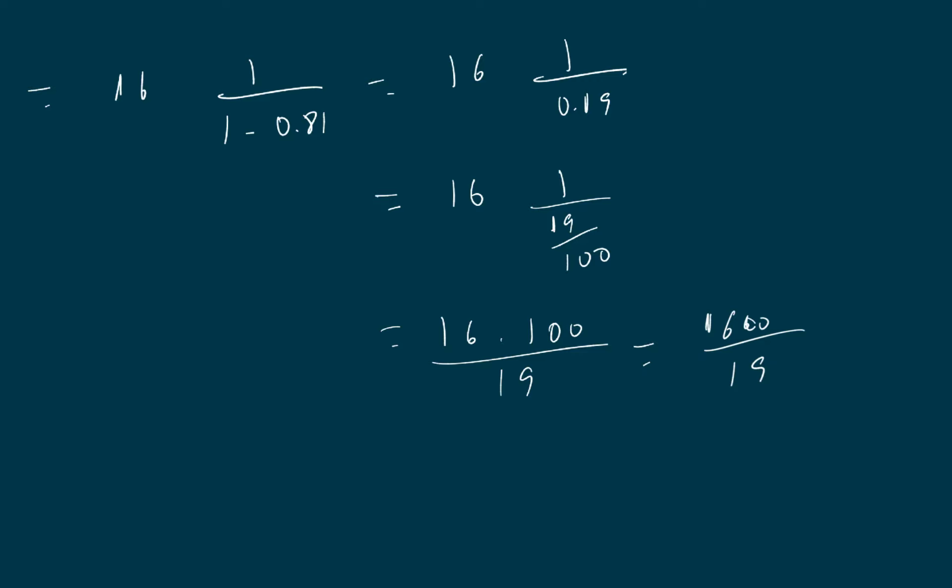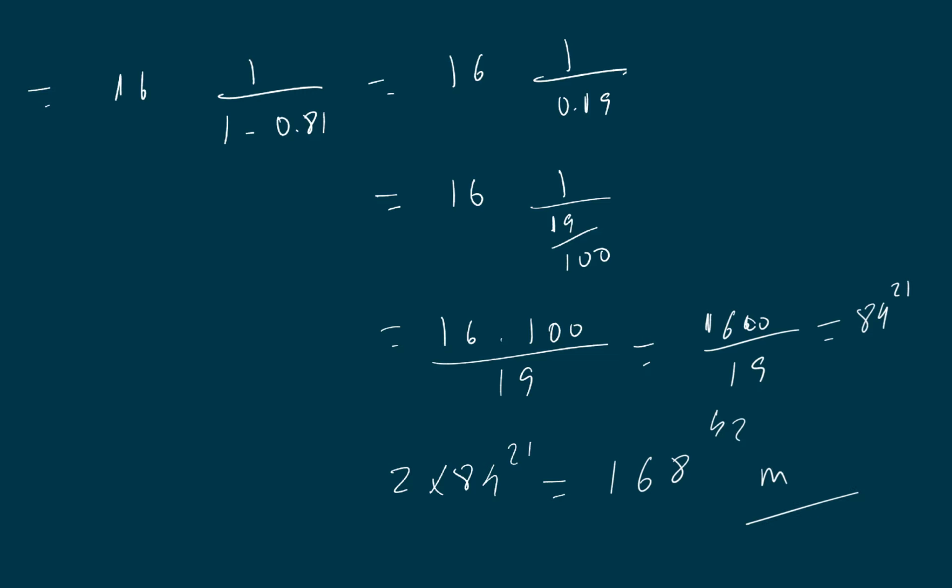So 1,600 divided by 19 is, let me see, 84.21, multiplied by 2 is 168.42 meters.